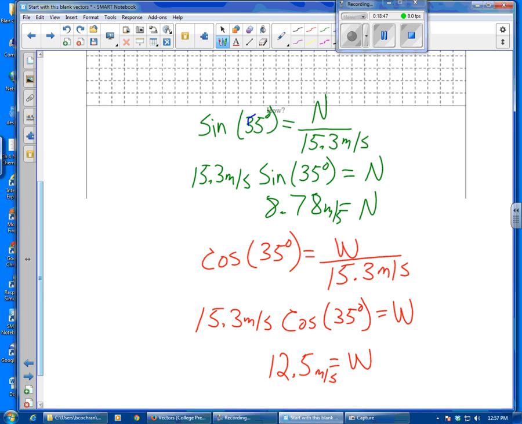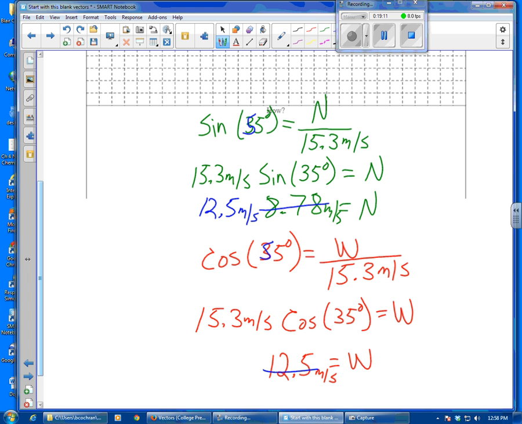So that's going to be off and that's going to be off. 15.3 sine 55 gives 12.5 meters per second.